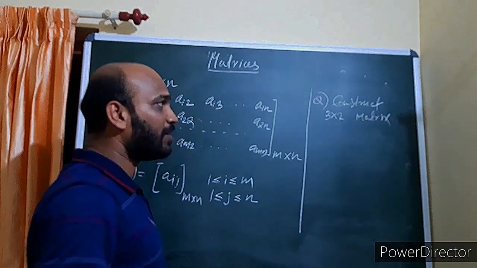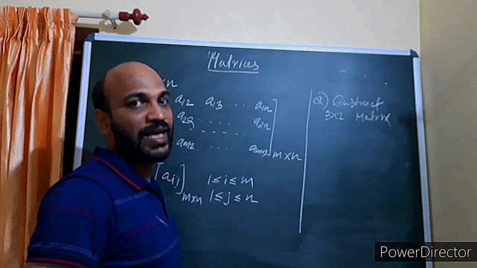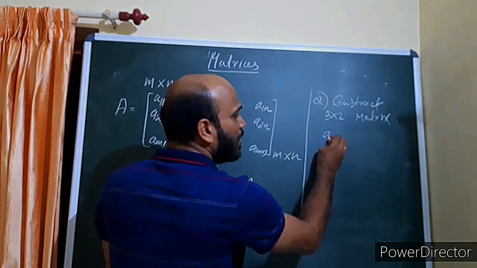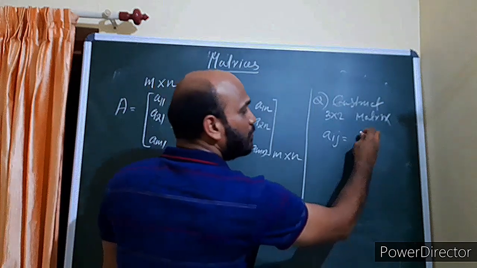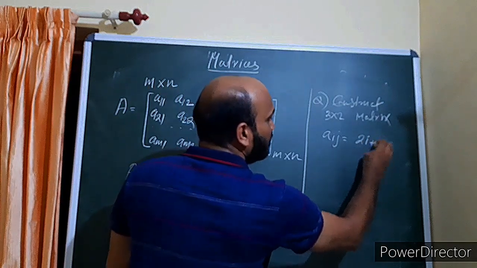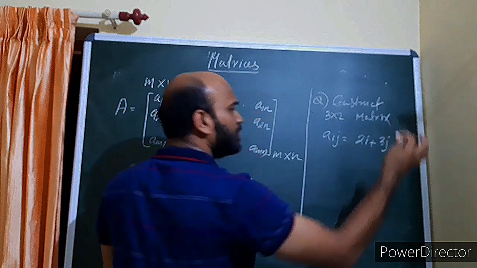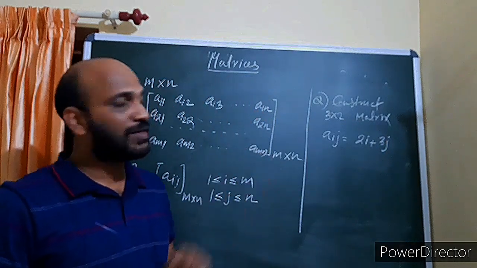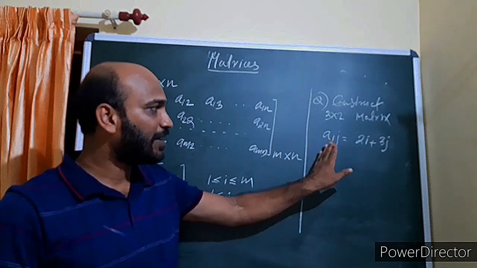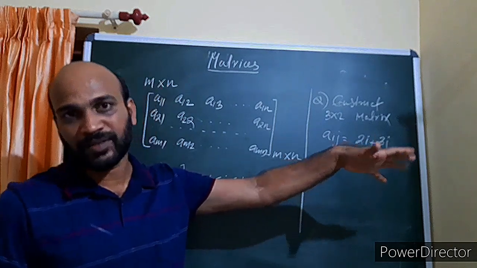Consider a 3 by 2 matrix whose elements are given by Aij equal to 2i plus 3j. We want to construct a 3x2 matrix whose elements are given by Aij equal to 2i plus 3j.